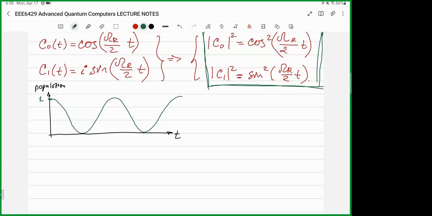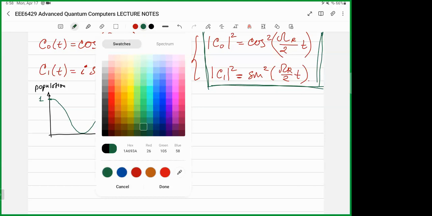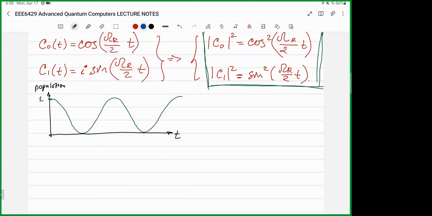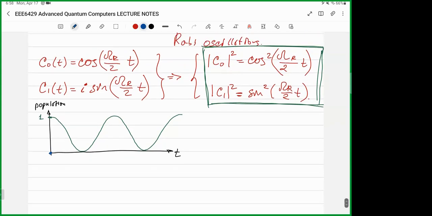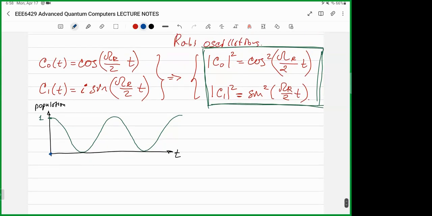And for the second state, here I assume that my qubit at the initial time moment t0 is in the ground state, right?